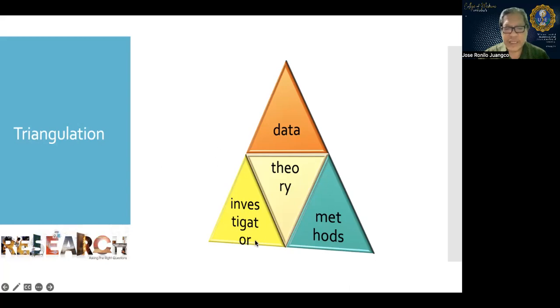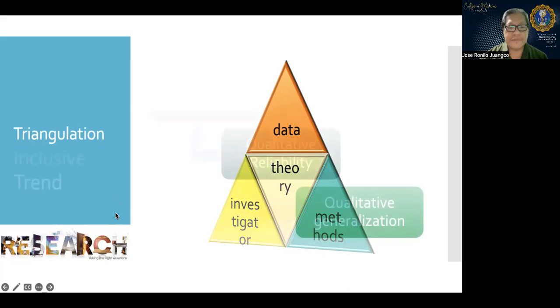And when you say investigator, there should not only be one investigator doing the data analysis. So when you write your data analysis, you have to ensure that numerous investigators are interpreting the data. Okay? So you can have a combination of all of these for your triangulation.